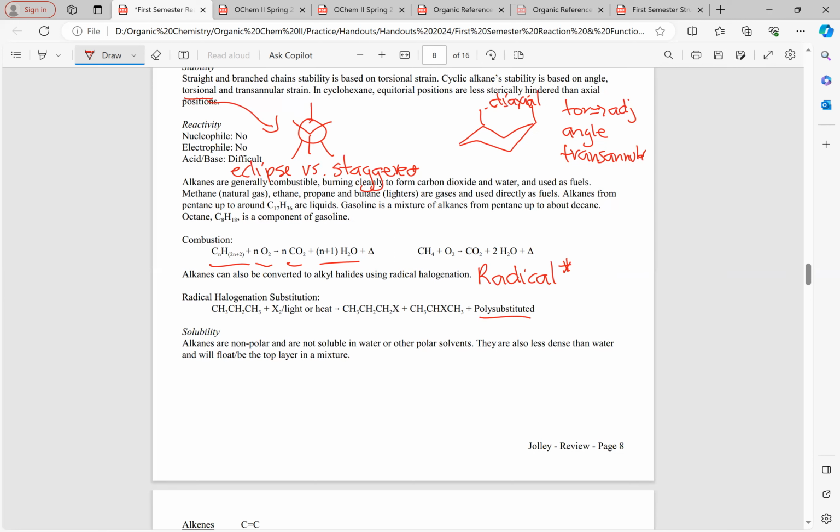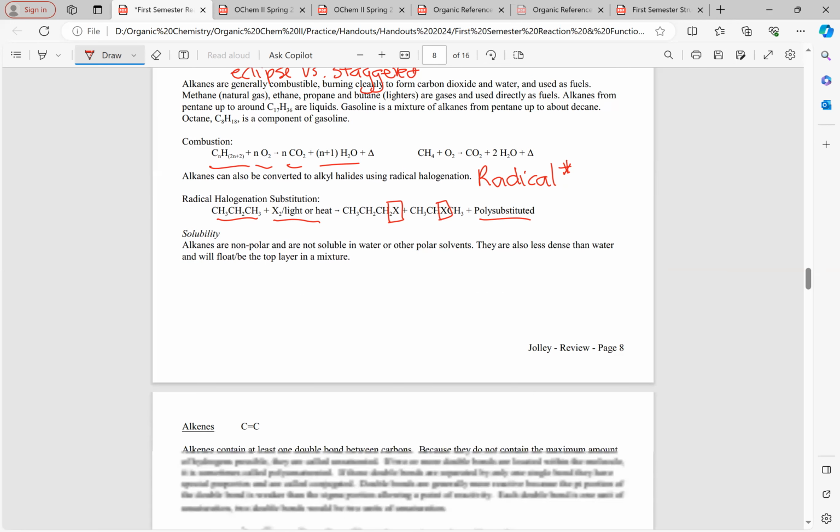Okay, so these go pretty much together. And my example here is I have three carbons. There's the conditions for radical halogenation, and you can put it there. You could put it there, but you also have the either good or bad possibility of putting more than one halogen on it. Okay, and so this is the radical chapter that we're going to be talking about. And of course, alkanes are not soluble in water and they float because they're less dense.